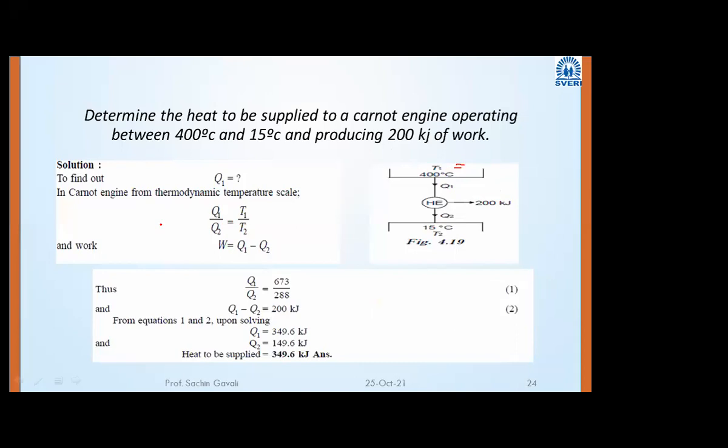So Q1 divided by T1, or our relation is what? It is a heat engine: Q1 minus Q2, that is the cyclic integral of dq by T. Q1 divided by T1 is equal to Q2 divided by T2.